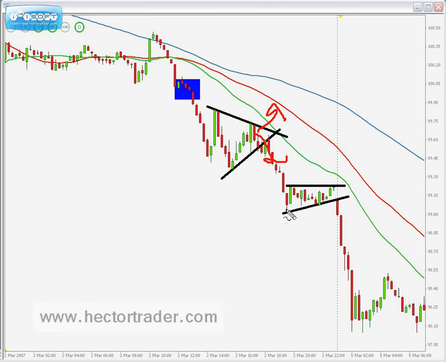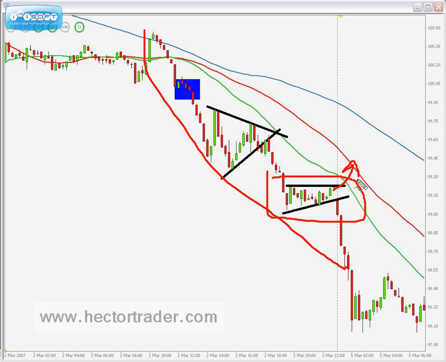Shortly after, we began meandering sideways for another 2 or 3 hours. That was another decision-taking point in this trade. What are we gonna do here? Is it gonna break to the upside? Is this whole swing down showing again some weakness here?